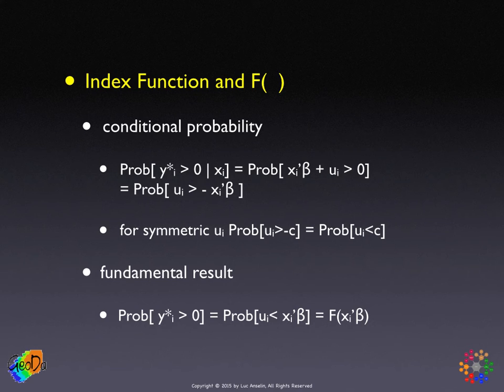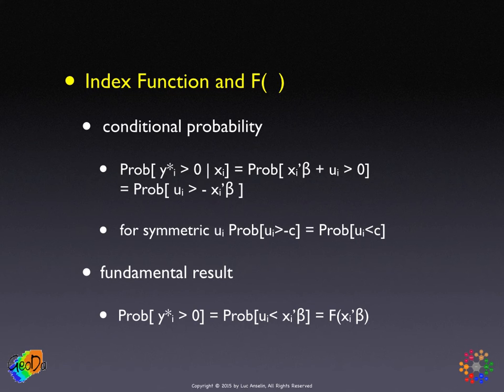So the probability that we observe something, so the probability that y equals 1, is the same as the probability of the latent variable being positive, which is the same as the probability of x_i beta plus u_i, the error term, being positive, or after moving things around, is the same as u_i being larger than negative x_i beta.